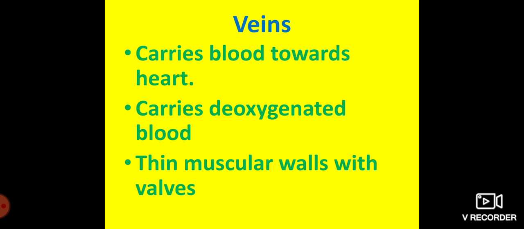Clear? So, what is the difference between arteries and veins? Arteries carry blood away from the heart, from the heart to the different body parts. Whereas veins carry blood towards the heart, from different body parts to the heart. Clear?